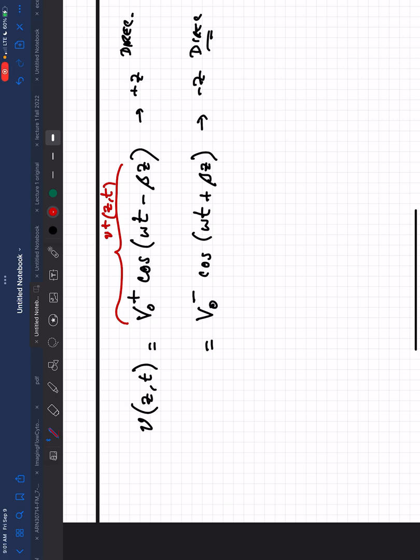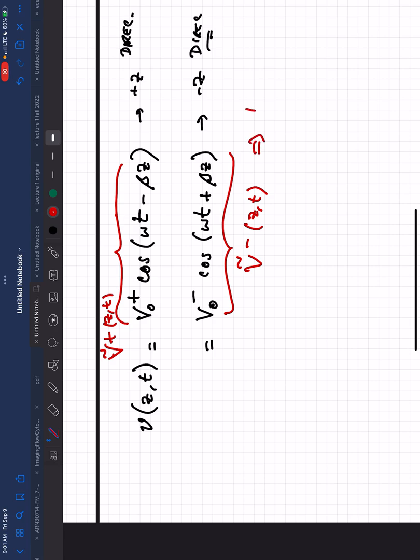And then I'm going to call this, so I wrote this badly. Let me put it this way. It's actually going to look like this: V plus with a squiggly head, z of t; V minus with a squiggly head, z of t. Whenever you see that squiggly head, it's this phasor notation.